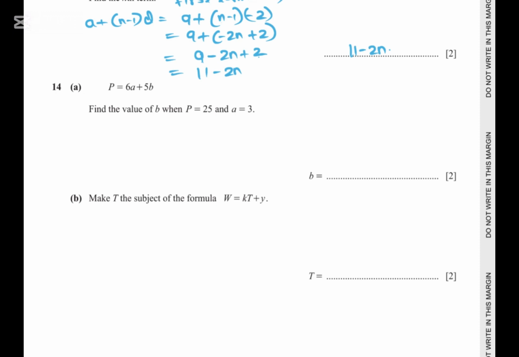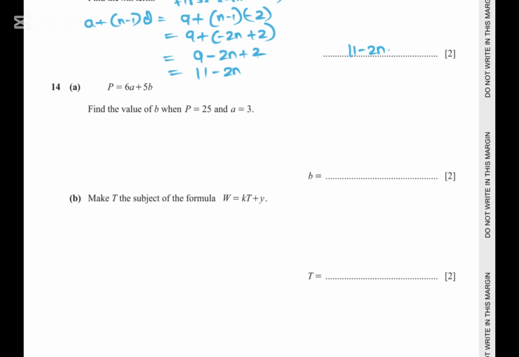So now substitute these given values for P and a in this equation. P is given, so 25 equals 6 into 3 because a is given to us, plus 5b, which we write as it is because we don't know b, we need to find b here. Simplify. 25 is equal to 18 plus 5b.